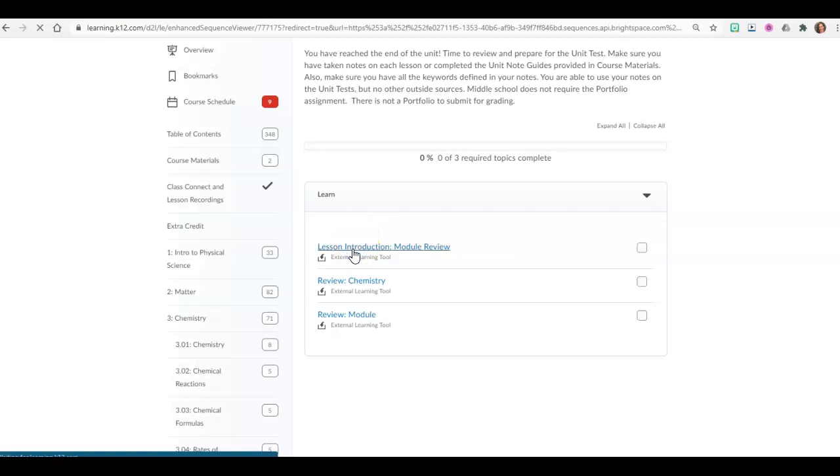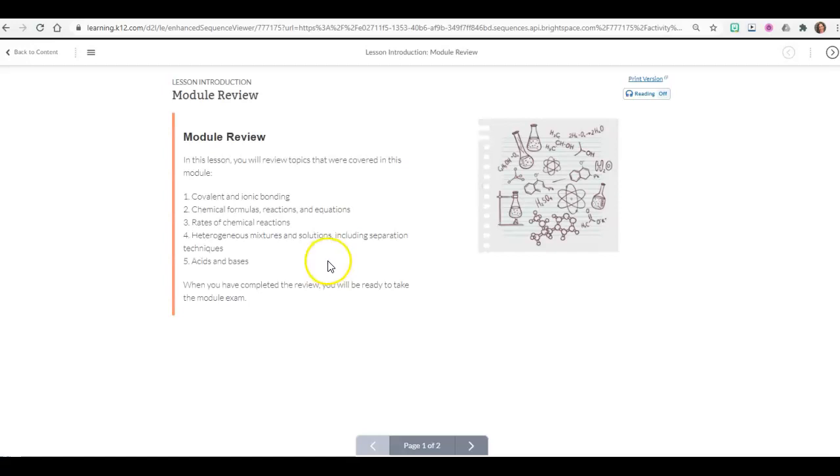So as we get into the Unit 3 review, we'll take a look at some of the concepts. You definitely want to have a definition of covalent and ionic bonding. Maybe some examples of those would be helpful too. Chemical formulas, reactions, and equations. We'll talk through rates of chemical reactions.